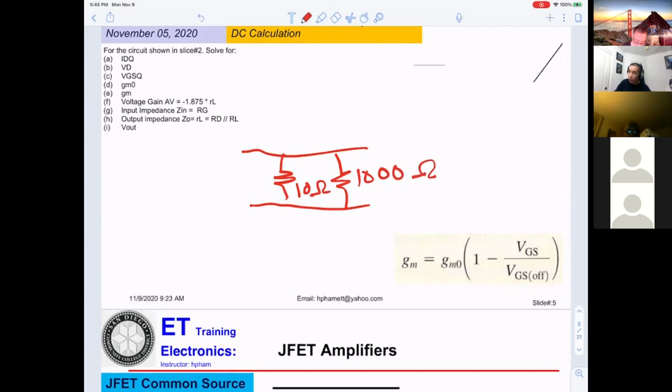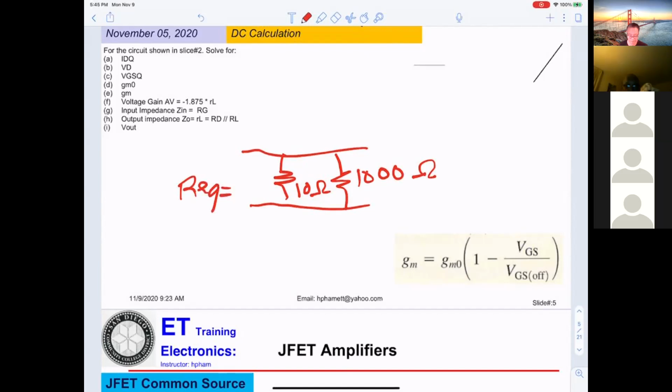Okay, what's R equivalent? R1 times R2 divided by R1 plus R2. Right. If we do the calculation, it will be 10 times 1,000, equal what?